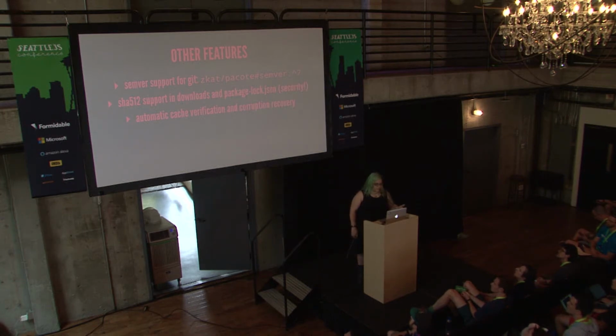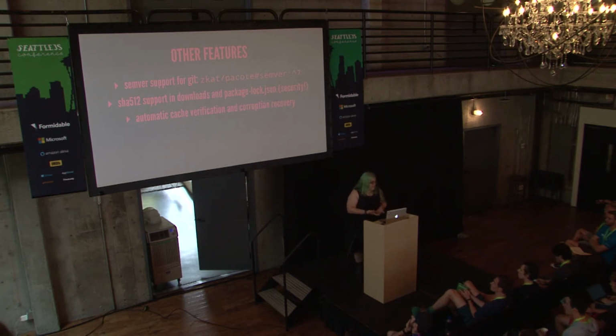So there's a few other cool things available already. There's semver support for Git. If you have a Git dependency, you can replace the SHA at the end with the syntax semver: and then a semver specifier, and it'll use semver to install that. It'll look at branches and tags for you. SHA-512 support in downloads and tarballs, this is a step towards security.